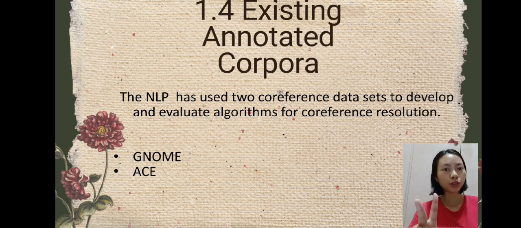So there are two sets: the Genome Project and the ACE. The Genome Project extended the annotations to include the set, subset, and part and whole relations, while the ACE annotation schema added appositive and predicative phrases to the identity relation links.